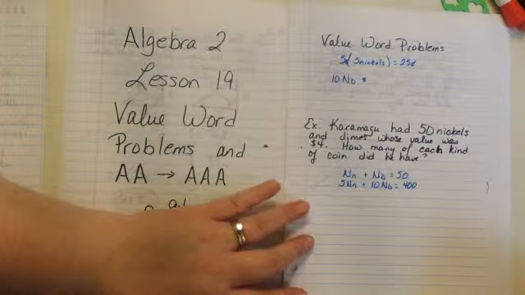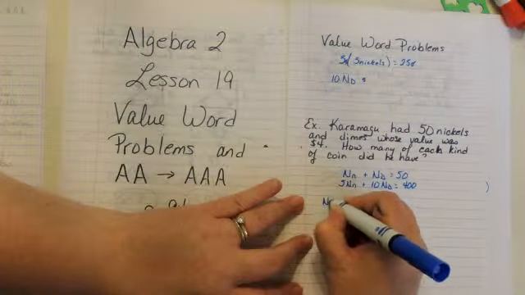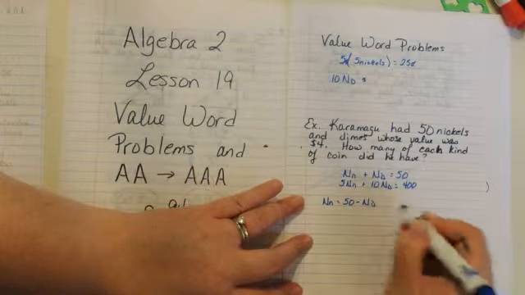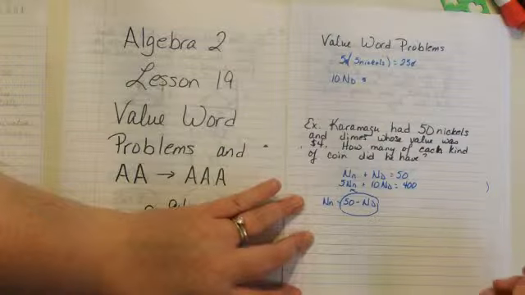Okay, so these are our two equations, and now we can solve by elimination or substitution. Let's solve for the number of nickels and use substitution this time. So the number of nickels is going to equal 50 minus the number of dimes. We're going to substitute this into here for the number of nickels.